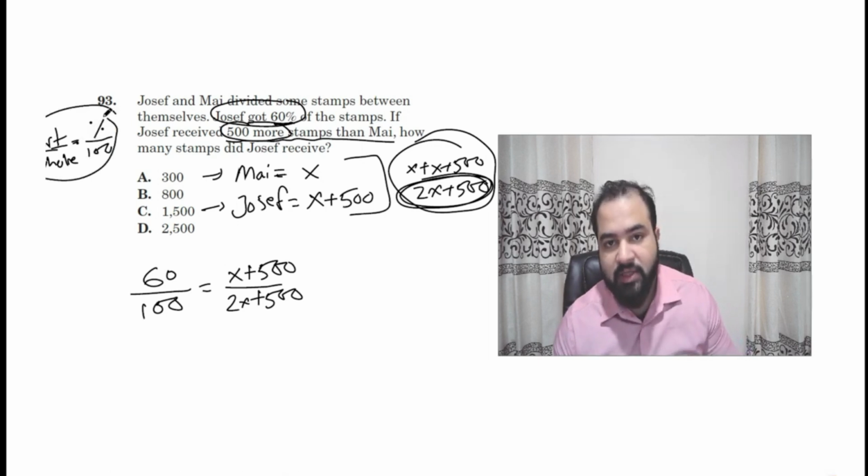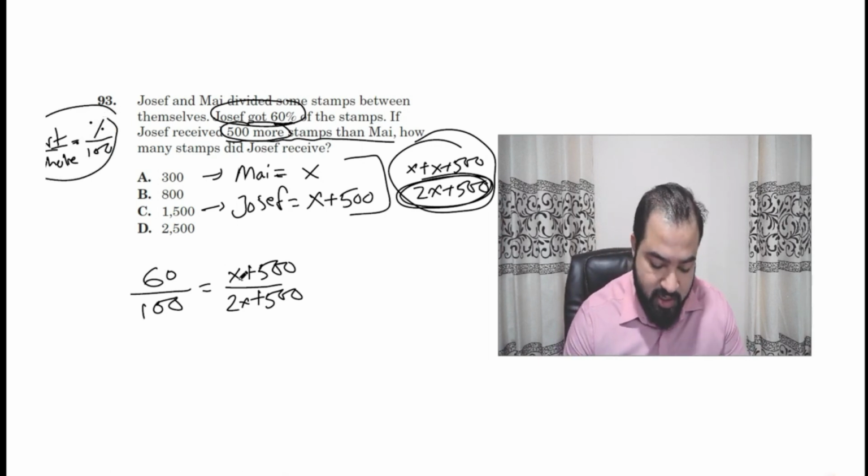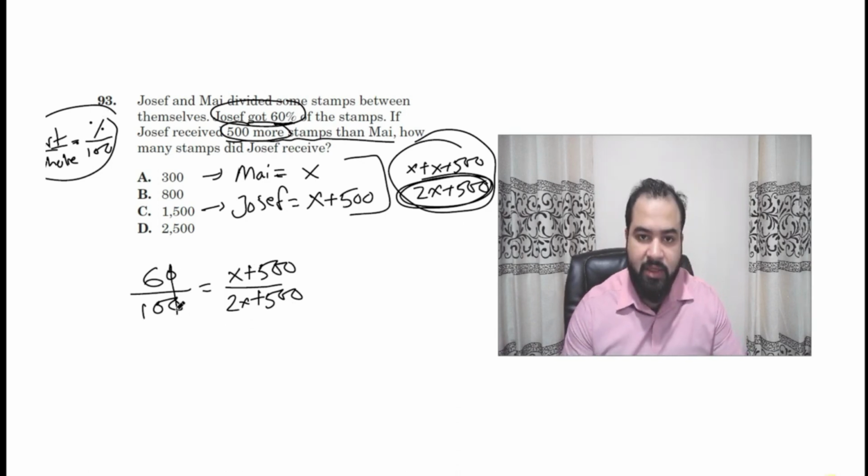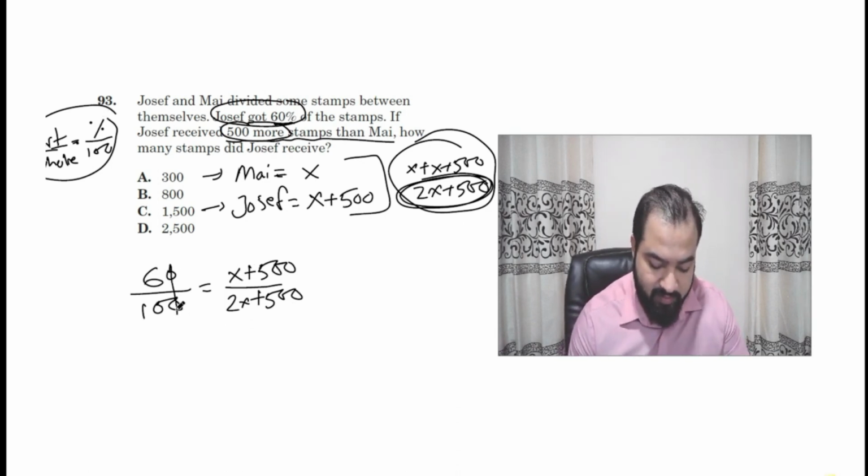So 60% was Joseph, so 60 over 100, and Joseph was X plus 500 over 2X plus 500. Now we can simplify 60 over 100 by dividing by 10, and 6 over 10 can be simplified further by dividing by 2, so we get 3/5.